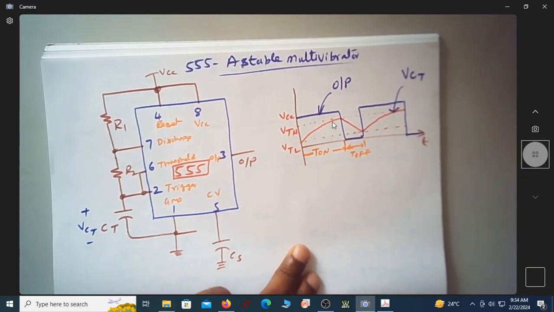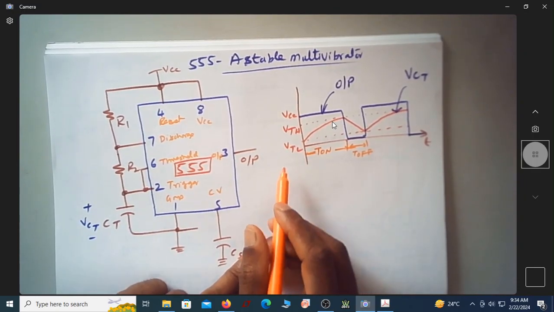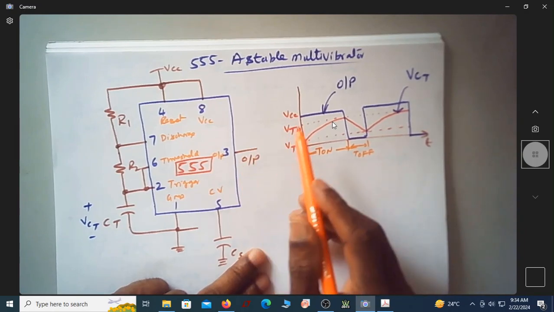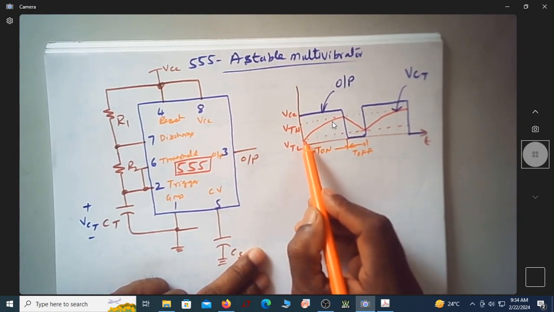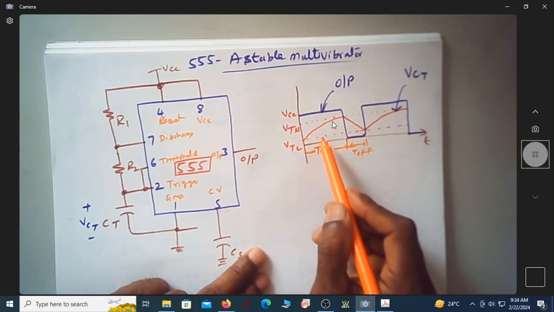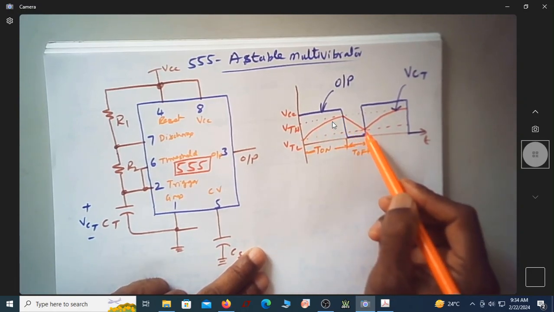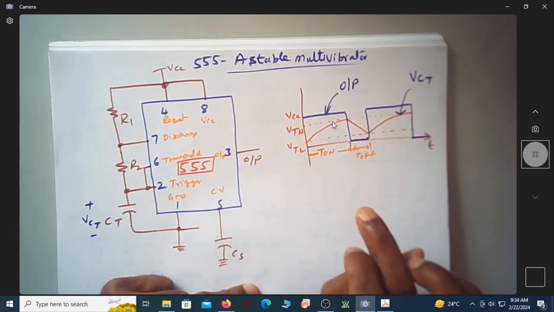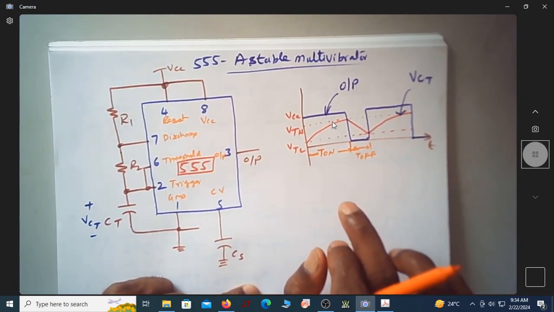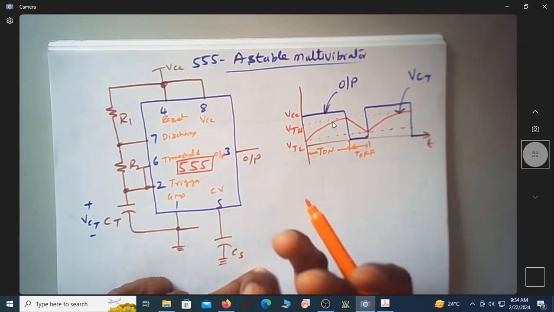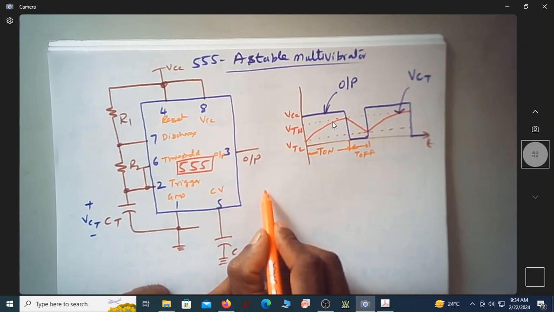From the very basics we can get the expression for the on time and off time. The capacitor voltage will always swing from VTL to VTH during on time, and from VTH to VTL during off time. Let us write the expression for T on and T off in general, using the fundamental capacitor voltage equation.